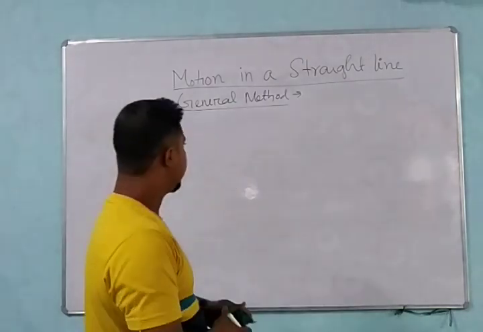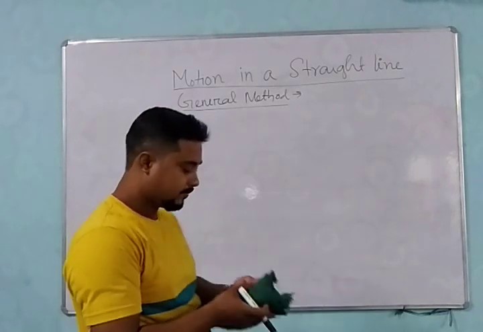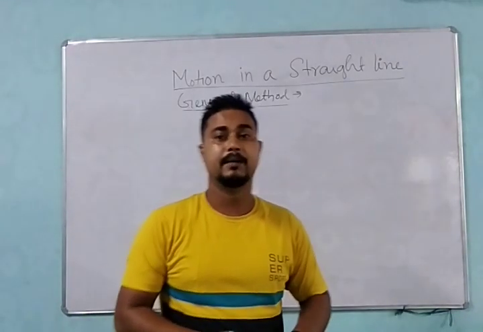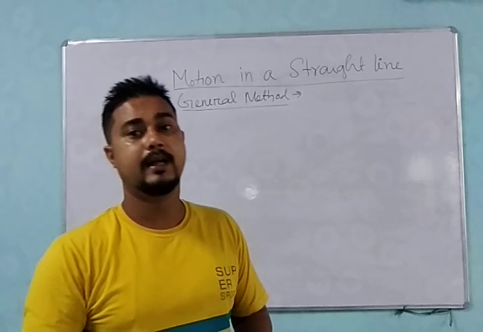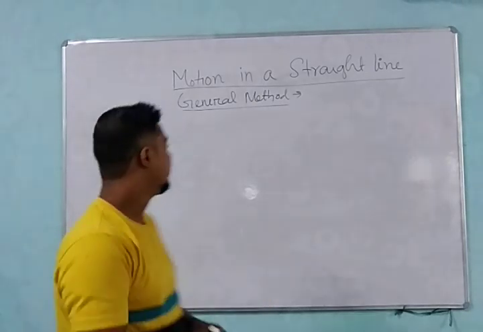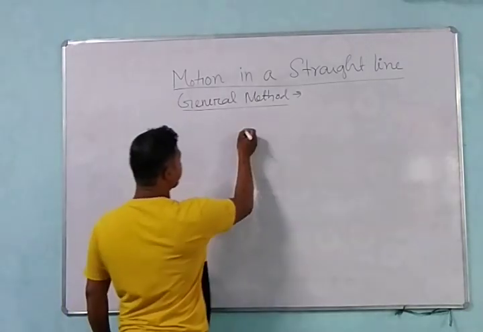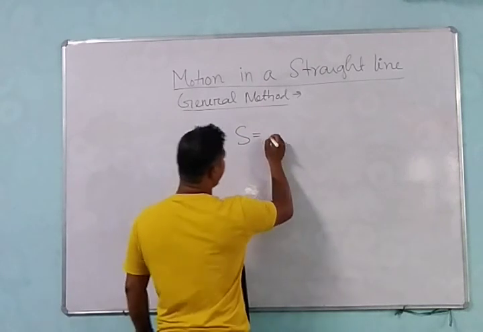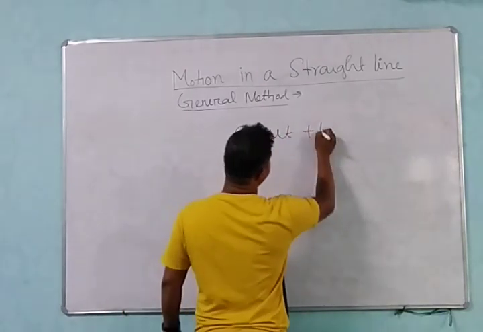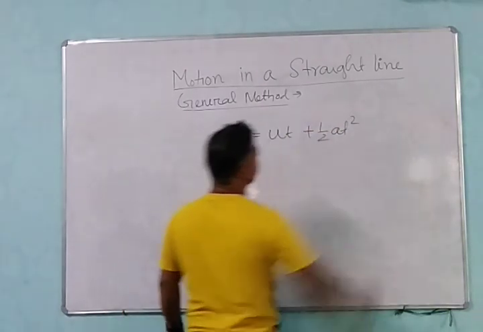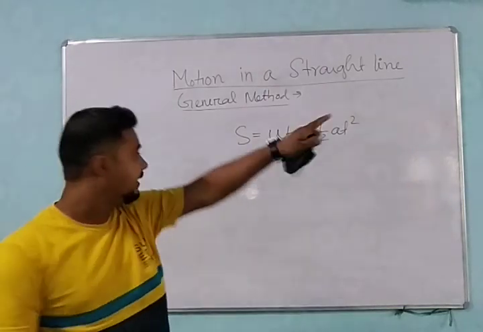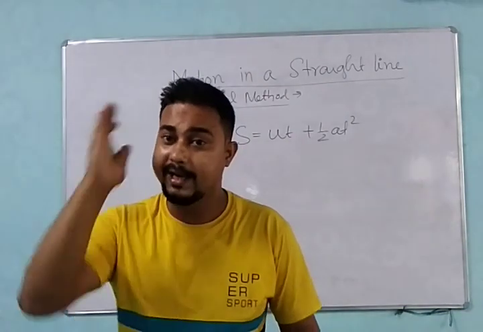Whatever is taught on the day, you should clear your doubts on those things right away. So now we have already got x is equal to ut plus half of at square. Now if we see, it is the distance traveled by the body in t second.